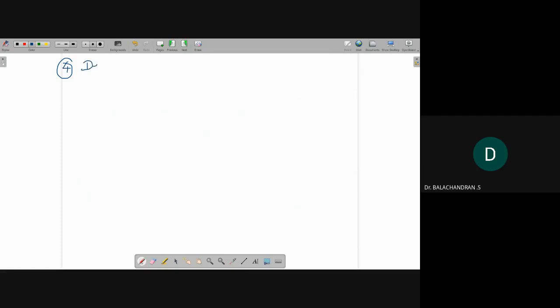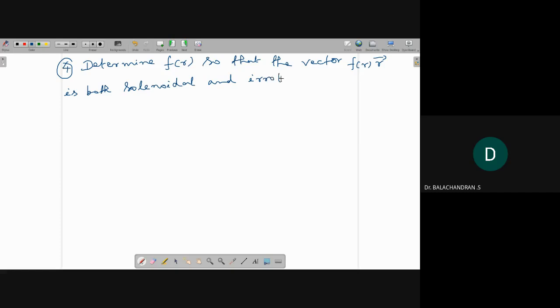Determine f of r so that the vector f of r into r vector is both solenoidal and irrotational.